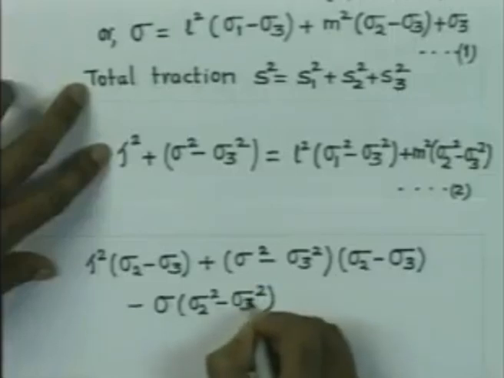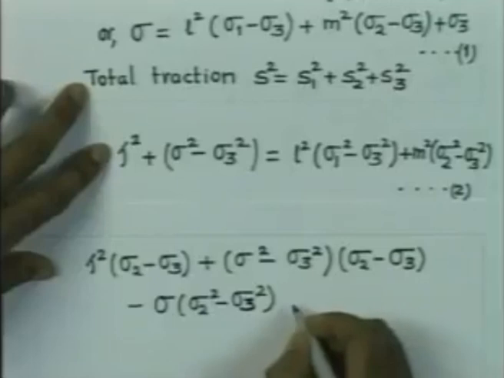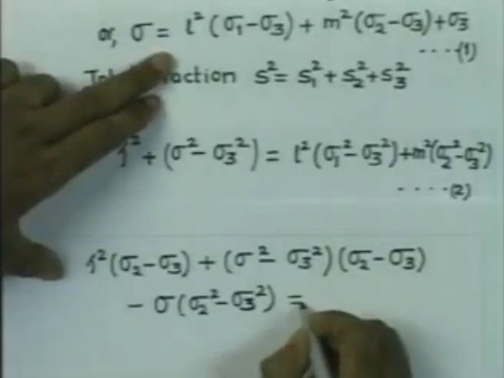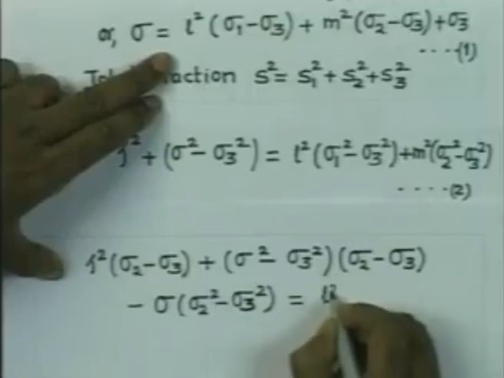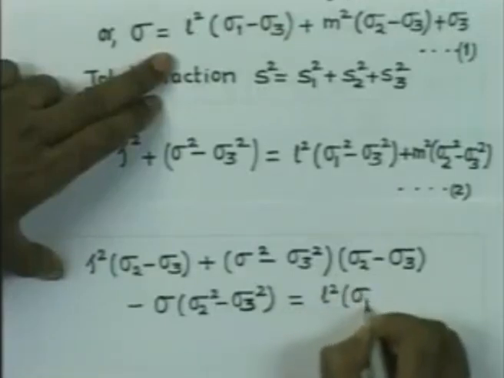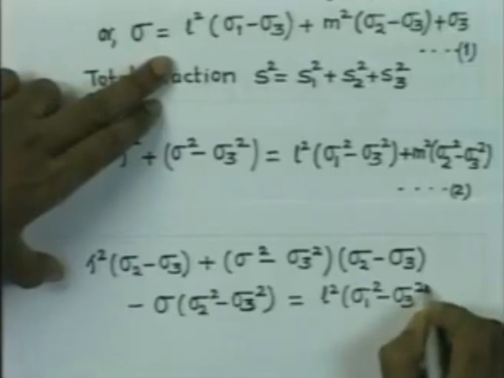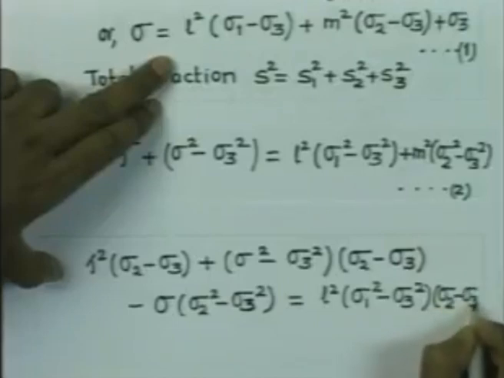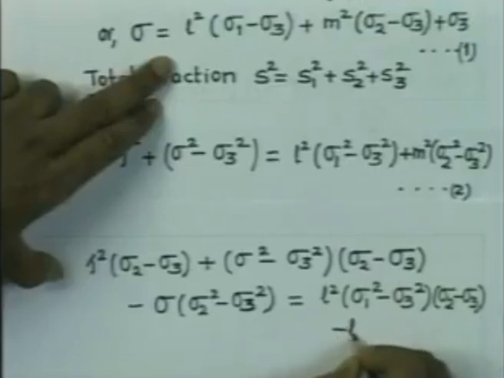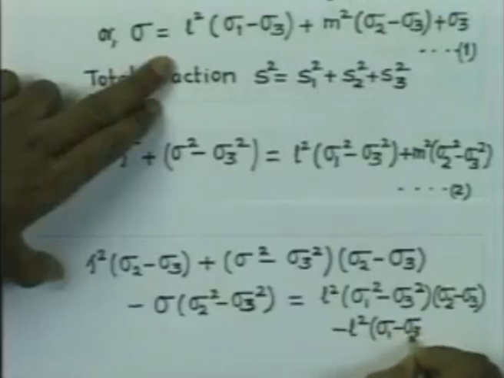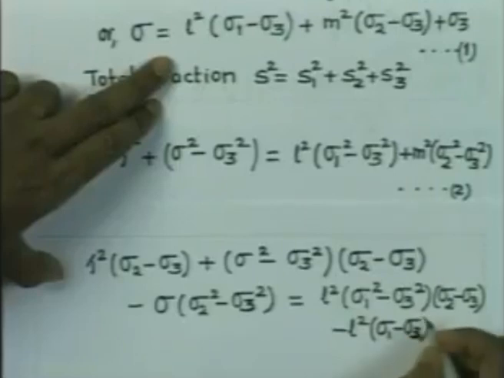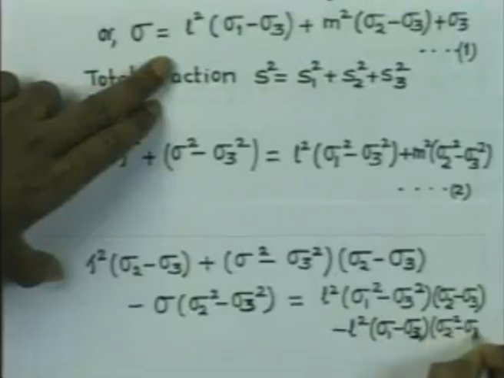So, that is the left hand side, and the right hand side we are going to have L square into sigma 1 square minus sigma 3 square into sigma 2 minus sigma 3 minus L square into sigma 1 minus sigma 3 into sigma 2 square minus sigma 3 square.